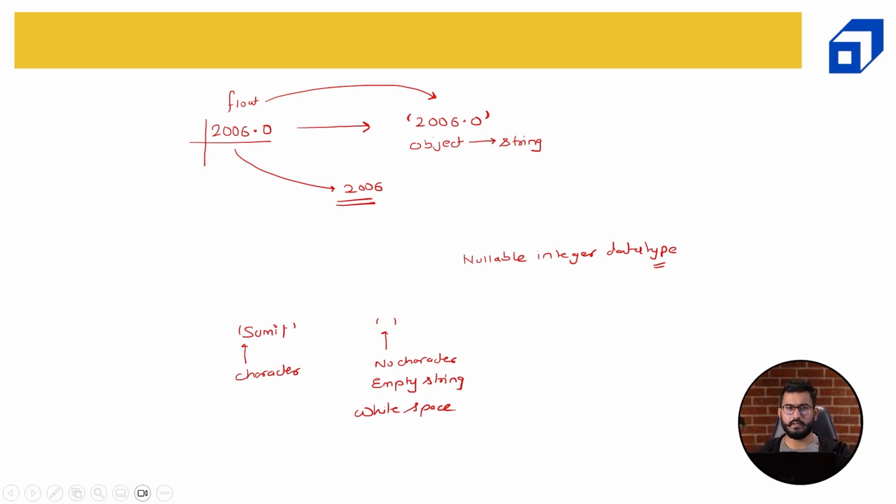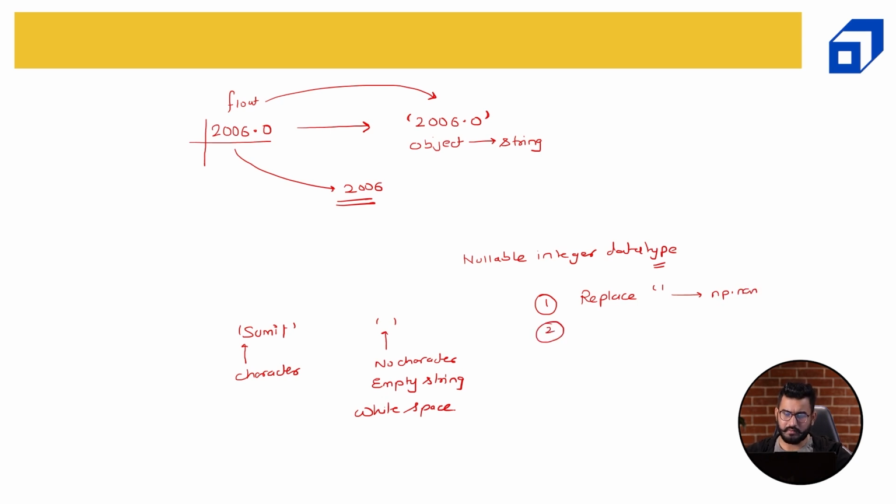Now how can we deal with this? There are two solutions to deal with this problem. Number one is, first of all, I replace all these white spaces with the Pandas recognized nan, which is np.nan.